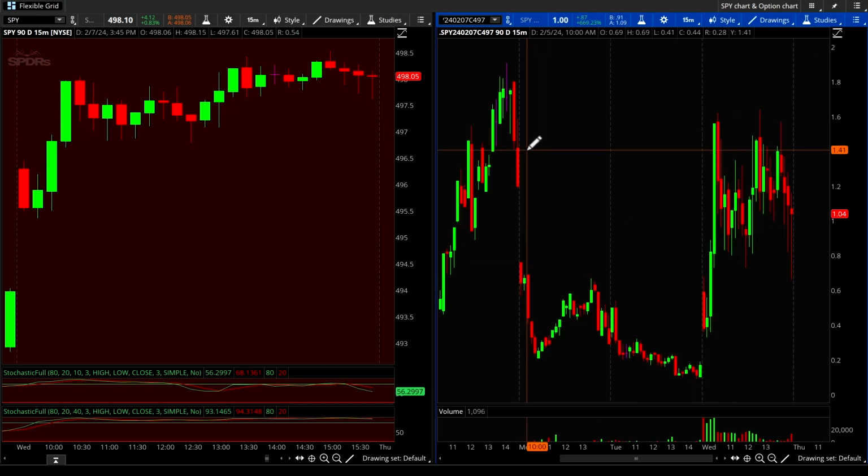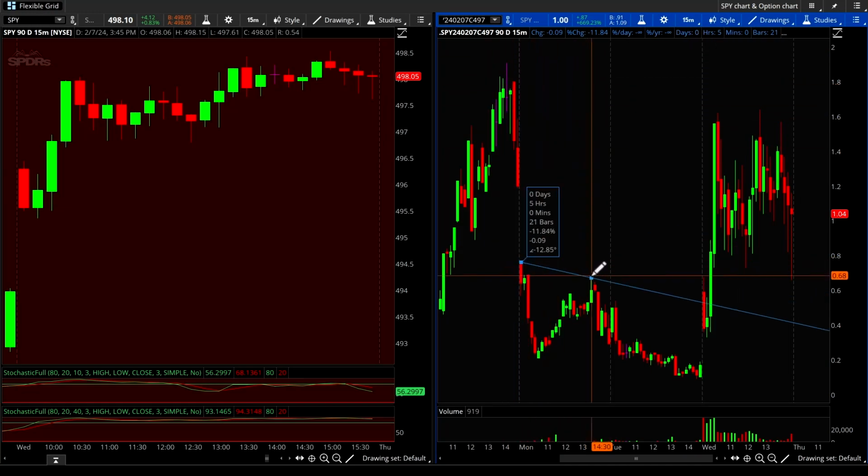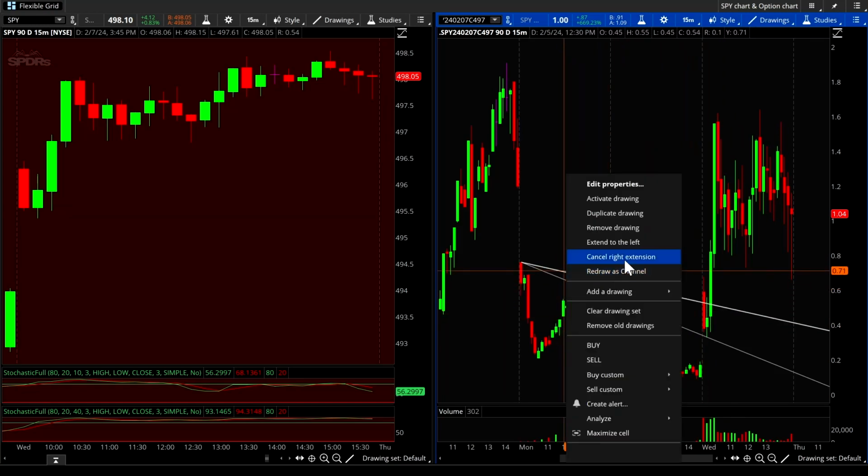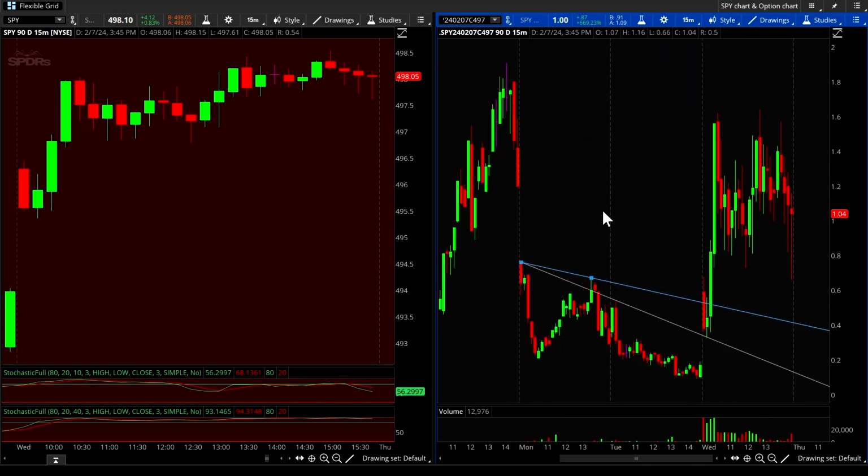Here we have the next spider option, which is the 497 call option. And I'm just going to do some quick technical analysis here. And if you just watch what I'm doing, I've got a range in there. And then obviously if you look up here, there's no horizontal line action going on. But bring this one up, you get there.